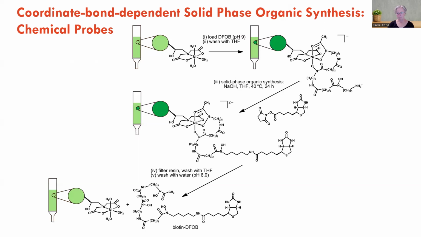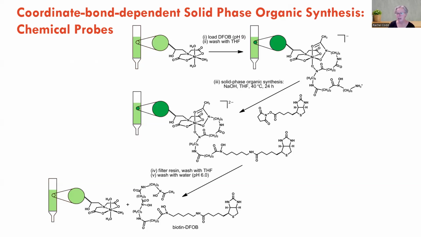And the point here is that because we have multiple coordinate bonds, which are by definition weaker than a covalent bond, we thought that cumulatively, multiple coordinate bonds could be as strong as a covalent bond.